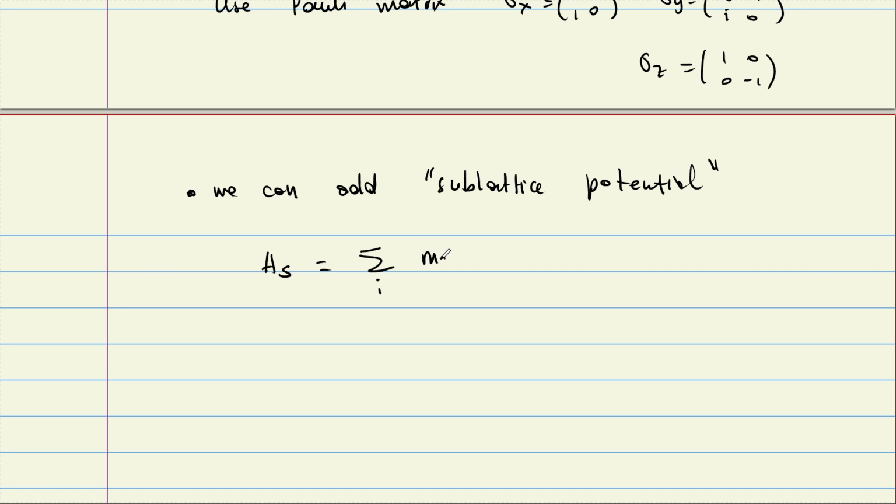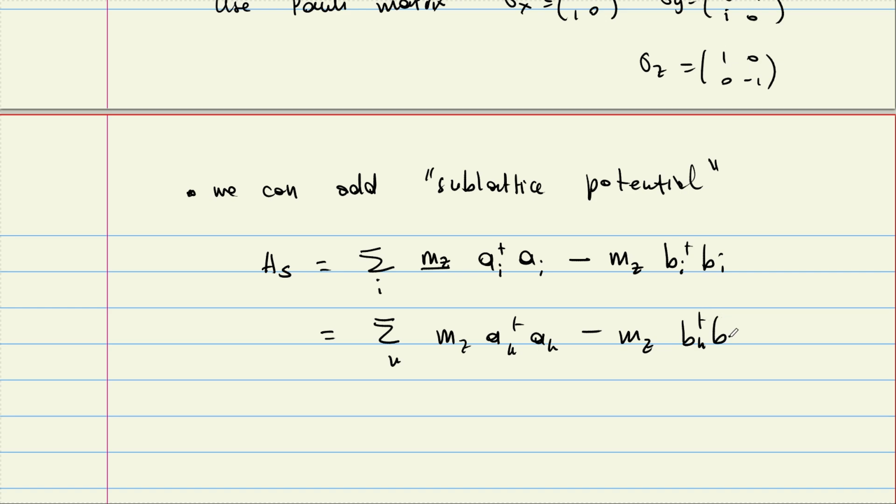Let me call this mz, which will be clear why I call it mz in a little bit. This is going to be mz ai dagger ai minus mz bi dagger bi. And if you take the Fourier transform, diagonal things are going to be diagonal. It's going to be sum over k of mz ak dagger ak minus mz bk dagger bk.